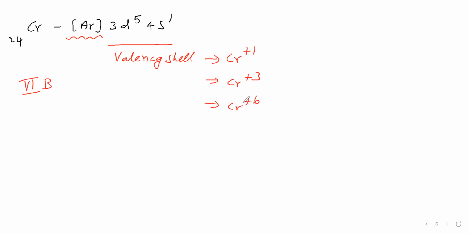Therefore, chromium can show a maximum of +6 oxidation number because its group number is 6B. It indicates that it can show a maximum of +6. So in CrO5, chromium can show +6 but not +10.